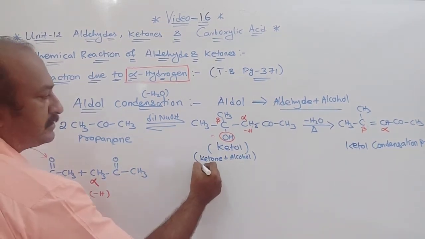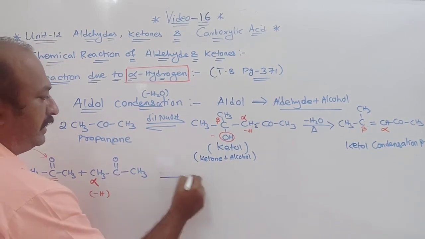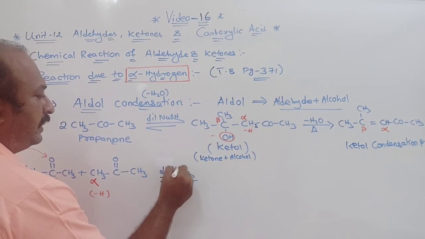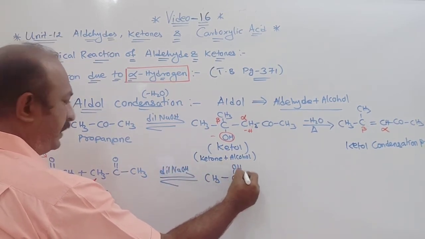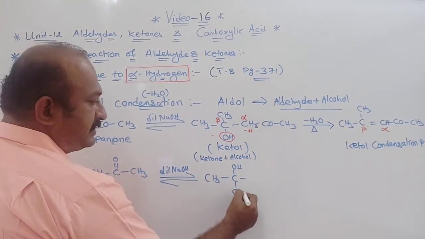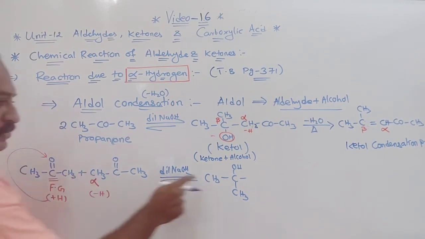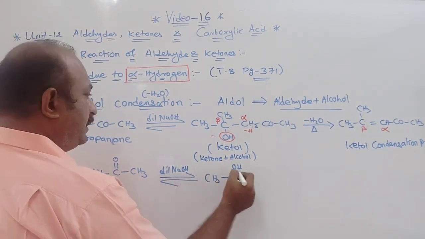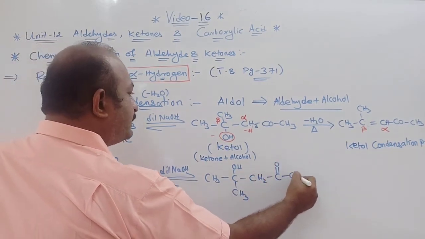This is your CH3, in presence of dilute NaOH, so CH3C, here OH, then H will be added, then this CH3 I will write down. Why? Because this alpha carbon will get attached to this carbon. So here this alpha carbon is CH2, then C double bond O and CH3.